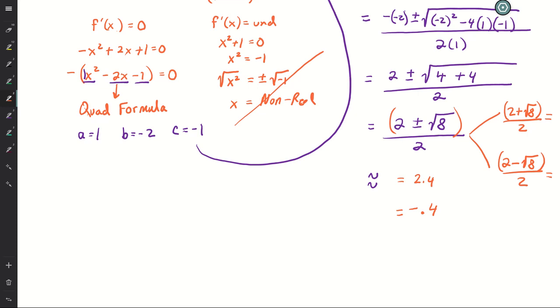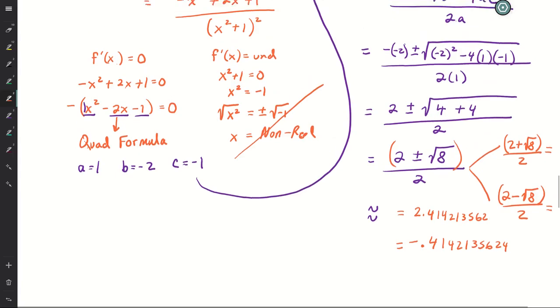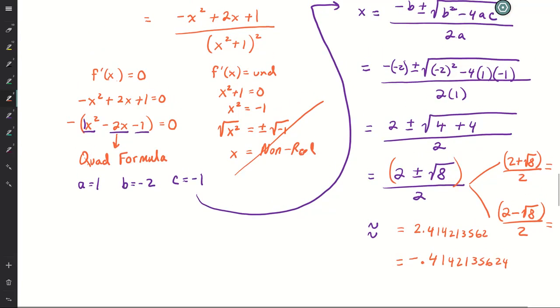It's okay to round our final answer, but it's not good to round something that needs to be plugged in. So this one we're going to write as 2.41421356, and this one we're going to write as negative 0.41421356.